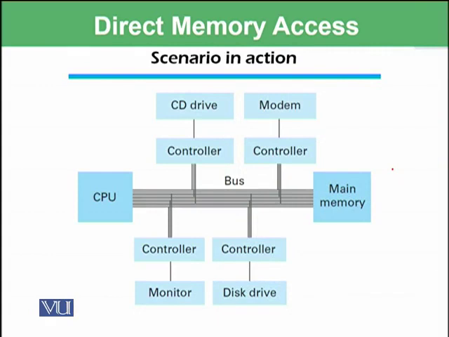Here is a scenario which we can see on this slide. We have a CPU and main memory. There is a bus, which we have already discussed in one of the previous modules, connecting the CPU with the main memory, and then there is a controller available here for all of the devices.